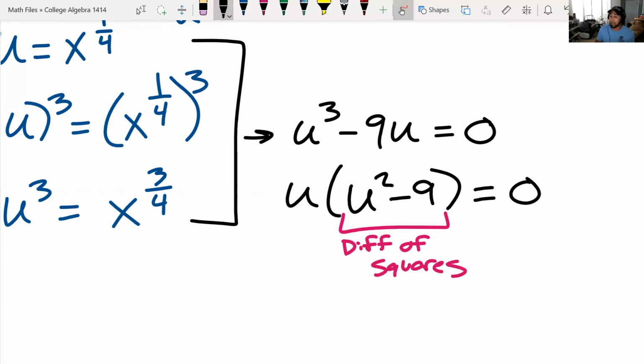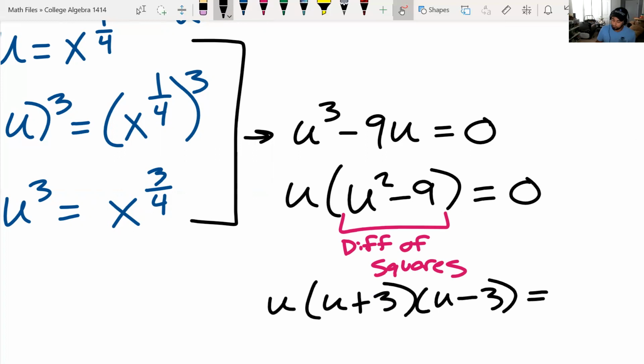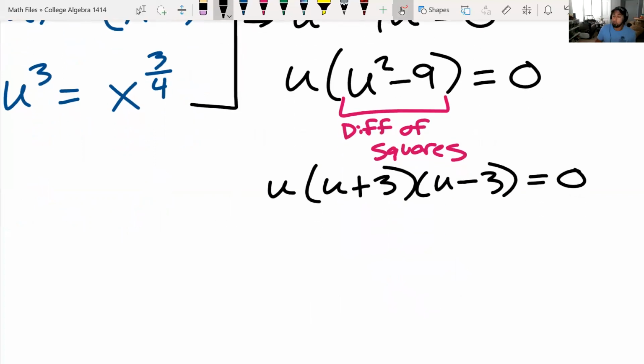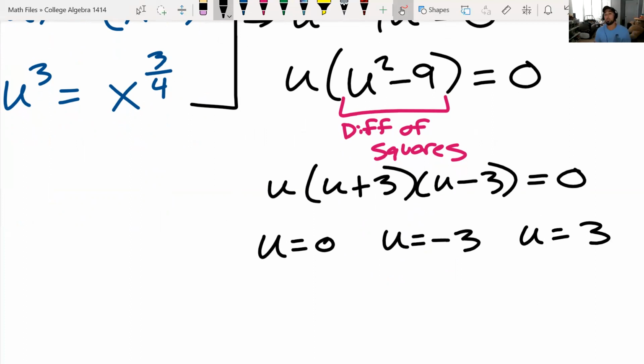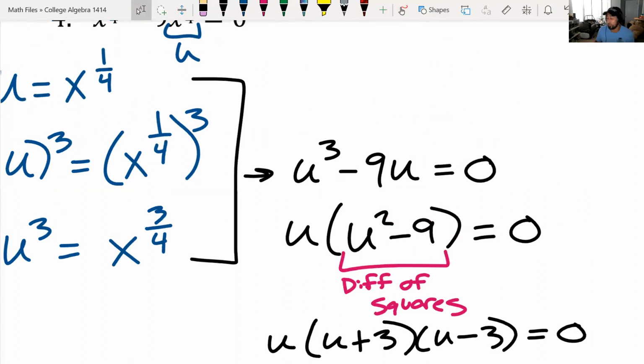Which means this can factor to u times u plus 3, u minus 3 equal to 0. Where you set each term equal to 0: u equal to 0, u equal to -3, and u equal to 3. But remember, u was x to the 1/4.